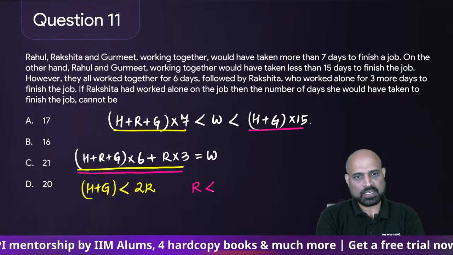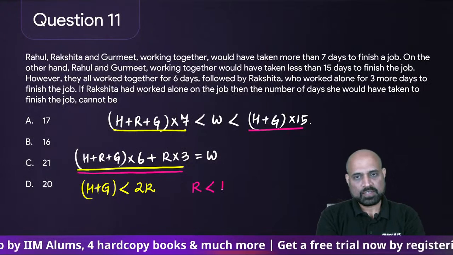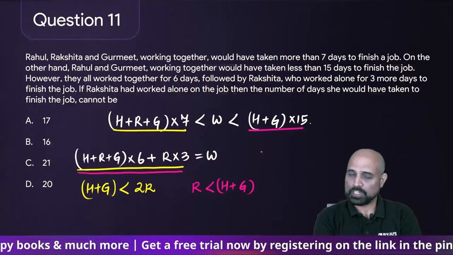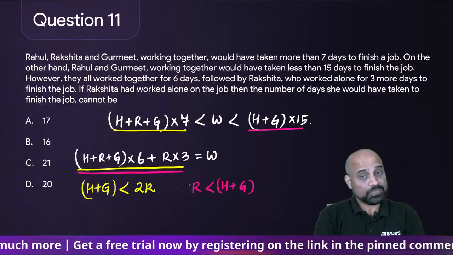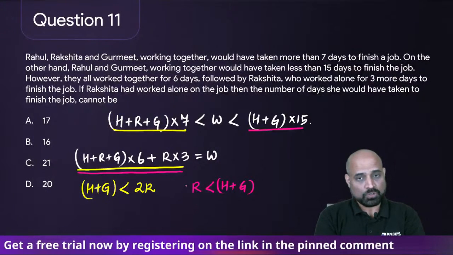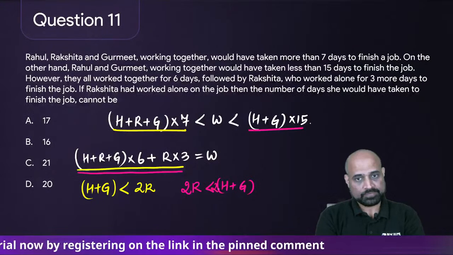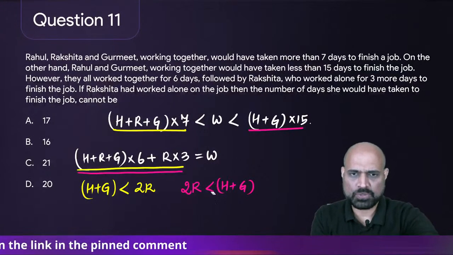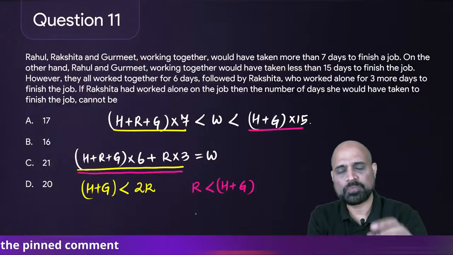So R is less than H plus G. This is what I will get from the second pair of inequality. If I double it, I will get this. Okay, there is no need to double it, let's leave it like this. Let's not make it complicated.